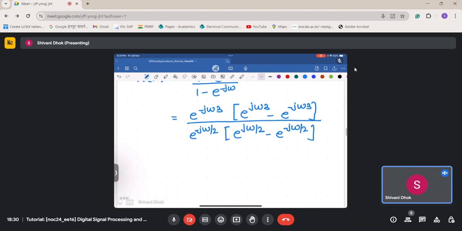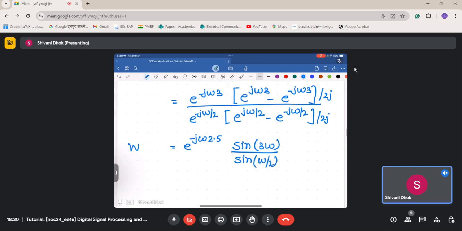So this becomes e power minus j omega into 3 minus half, which is 2.5. Then in numerator and denominator I can divide by 2j, and nothing will change. The numerator quantity is simply sine of 3 omega, and similarly the denominator quantity is sine of omega by 2. So we are left with sine of 3 omega upon sine of omega by 2.